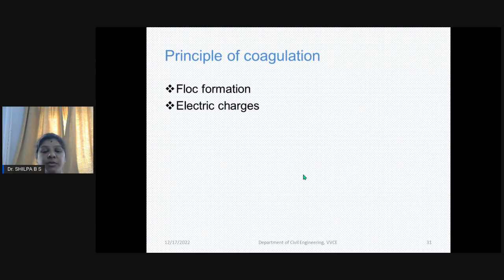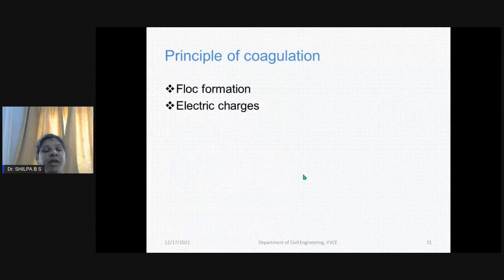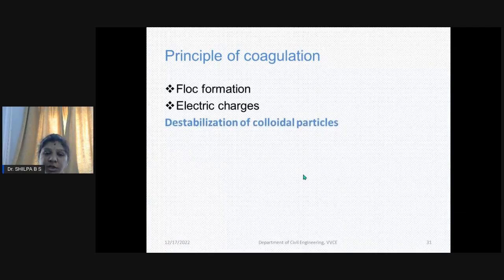Those insoluble precipitates we call the flock. Once the flock is formed, as we know that colloids are negatively charged particles, the aluminum hydroxide flock will attract these negatively charged colloidal particles, so that the negativity of the colloidal particle gets neutralized. That we call charge neutralization.